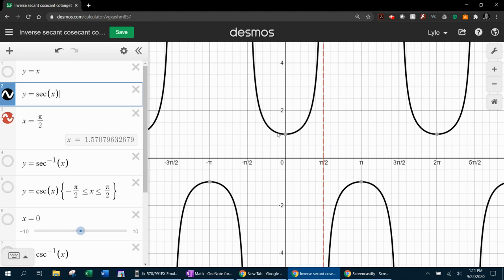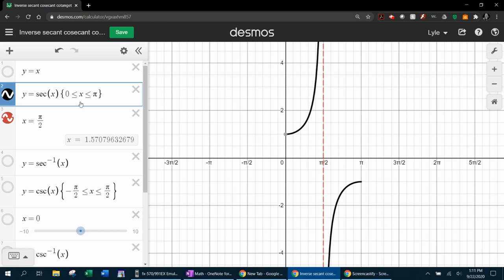So notice that these humps go down to minus infinity, up to -1, and then pick up again at +1 and go to infinity. So we need to accommodate all of the values of the range and have the function be one-to-one. It has to pass the horizontal line test. And so that's how we come up with this restriction here.